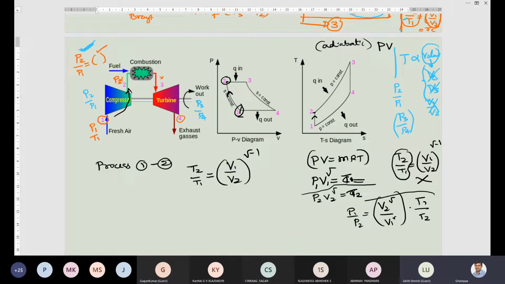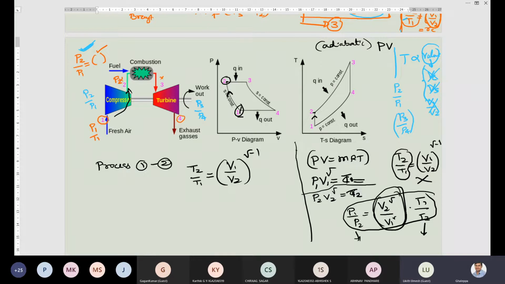So using these three conversions, I will convert this volume into pressure. In place of V1 by V2, we can substitute the simplification of these. Please remember this, I told you in the class how to convert volume ratio into pressure ratio.